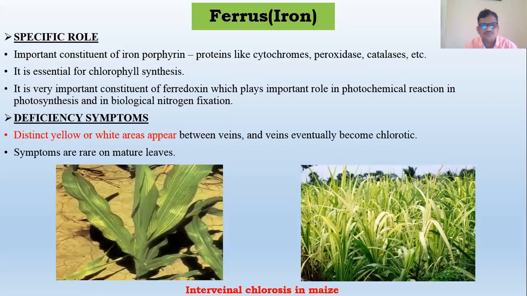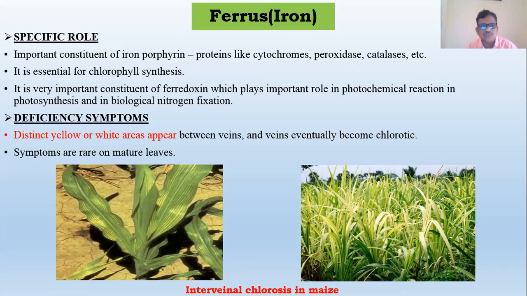The second one is ferrous, also called iron. The specific role of iron is that it is an important constituent of iron porphyrin proteins like cytochrome, peroxidase, catalase, etc. Again, cytochrome and peroxidase play an important role in photosynthesis, which happens in the chlorophyll.